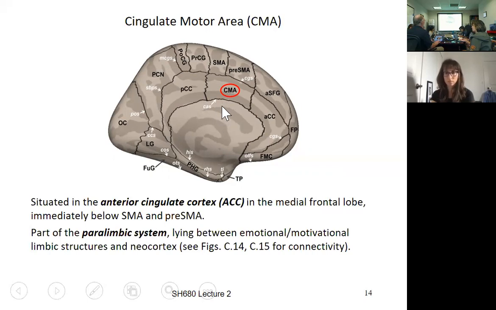And it's between that limbic system and the neocortex, which has all the detailed calculations going on, again suggesting a role in motivating or modulating speech rather than representing the individual motor programs, and more likely tied in with the motivation and emotion system than the SMA and pre-SMA. So this is probably the region that, if you had to pick a place in the brain that was related to motivation to speak, it would probably be CMA. That would be my choice.